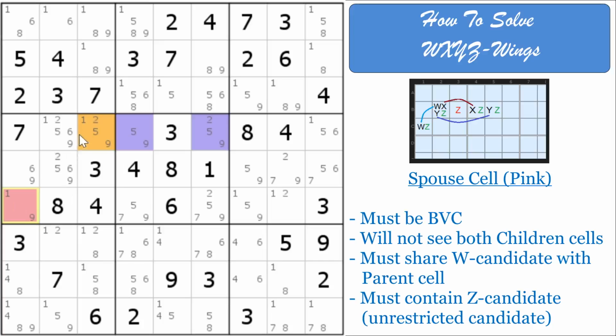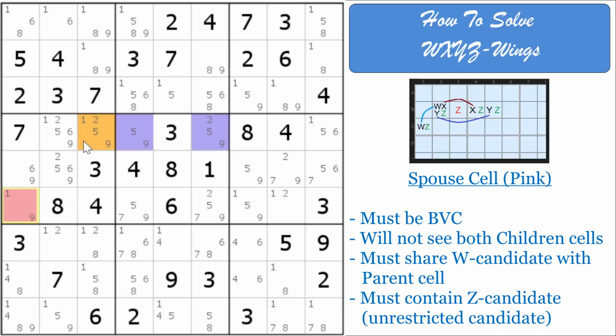And you'll notice that the 1s are between these two, and they can see each other, but the 1s are not over here in the purple. So when you have the W, that's what the W is talking about. It's between this bent part and the parent cell. So I call this the spout cell, and the spout cell is the key. If you're messing up, I guarantee it's because you don't understand how the spout cell works.